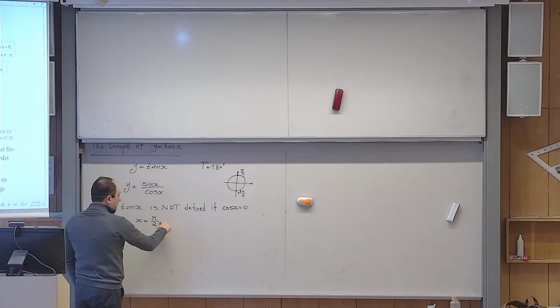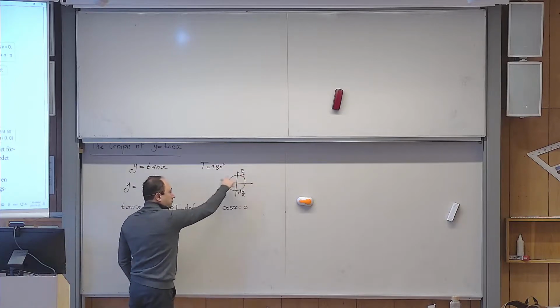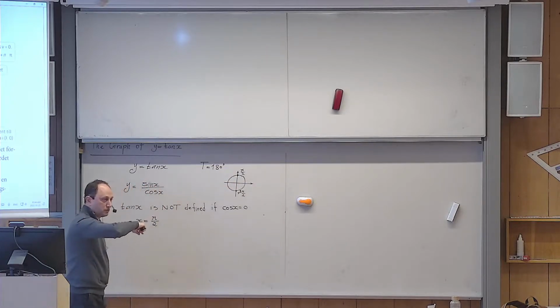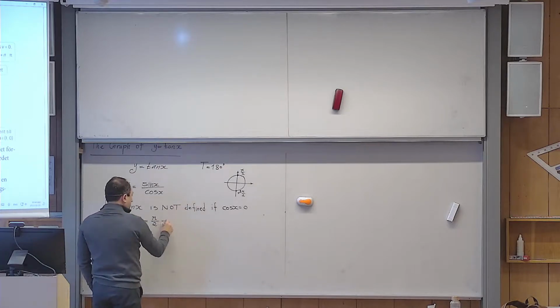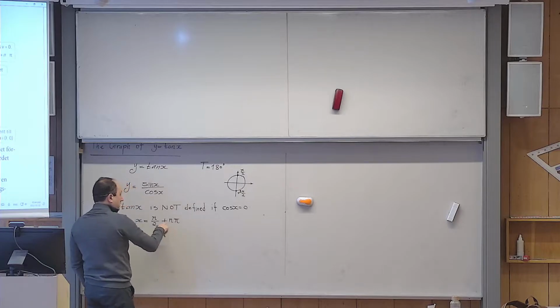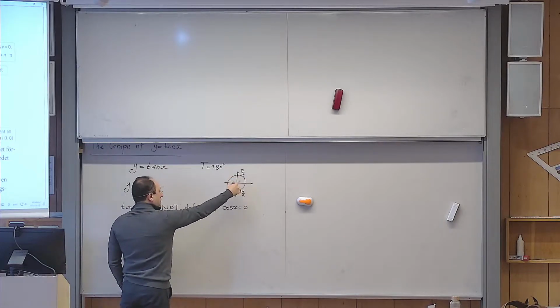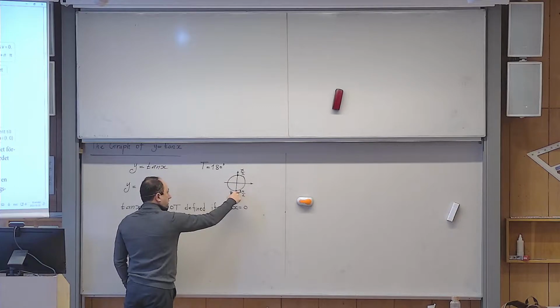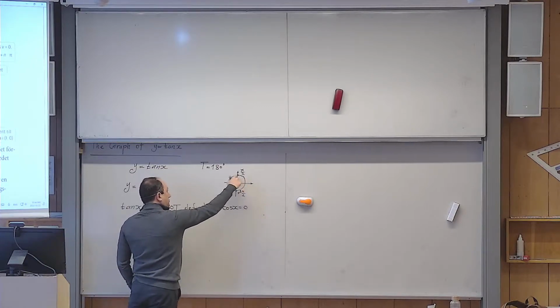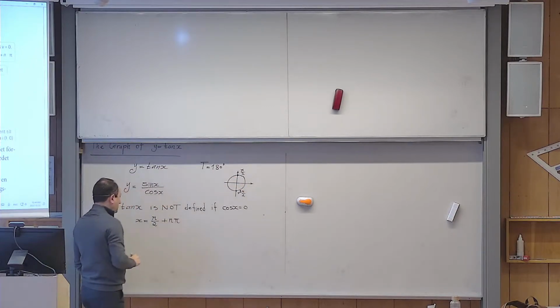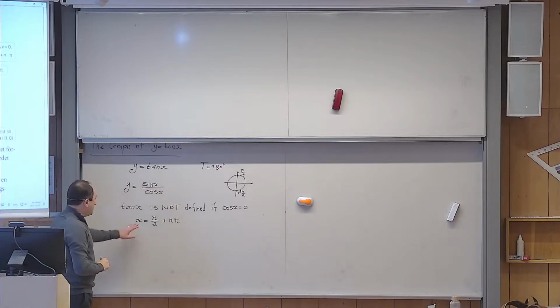If I write 2n pi, it means that I go one full round and I will reach back to the same point. But if I just add n pi instead of 2n pi, then I start from pi over 2, I add pi, and I reach the other point. When I add pi, I reach this point again. That is, these numbers are not allowed for tangent, because if you choose any one of these numbers, then the denominator vanishes and the tangent is not defined.